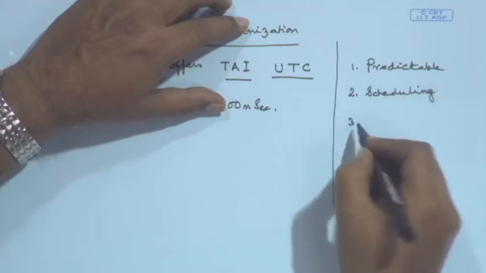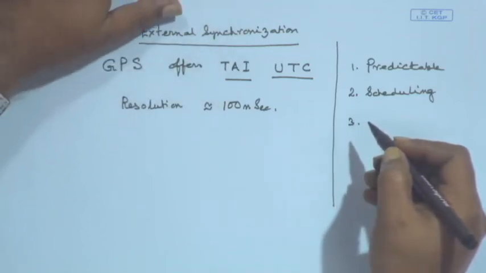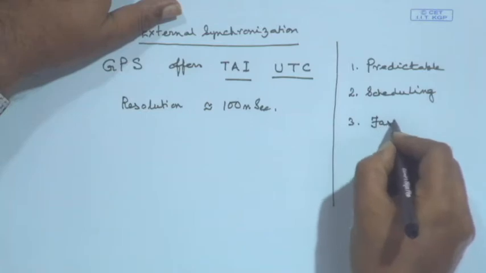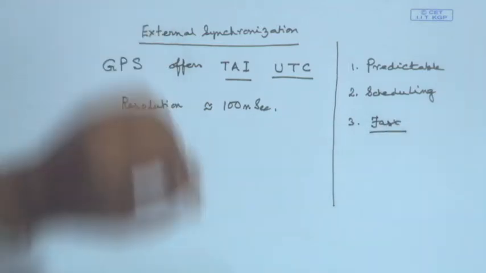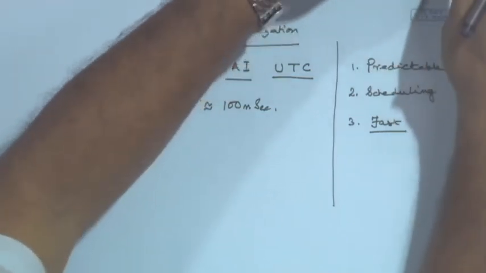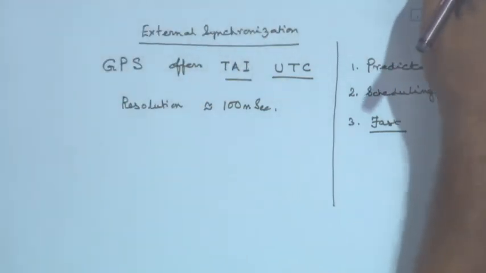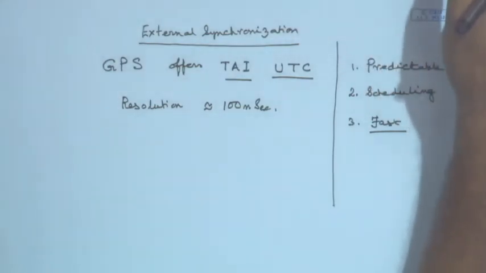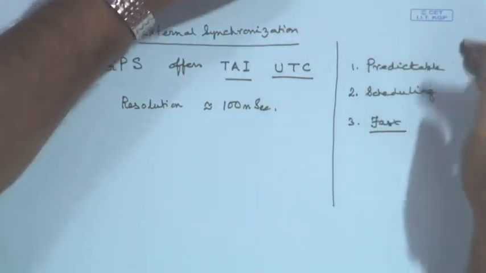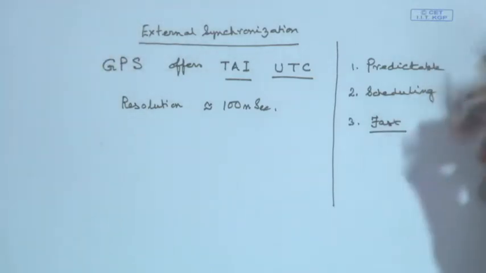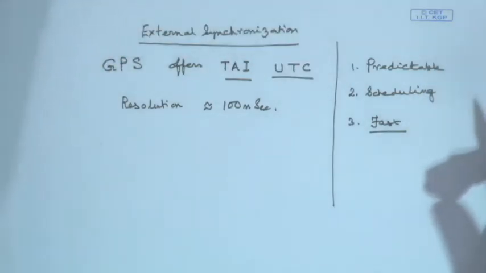And third, it must be very fast. The operating system must be fast because of meeting real time constraints. It should not take too much time to make the decisions. All right. So, given this, we saw how we carry out the synchronization and all those.